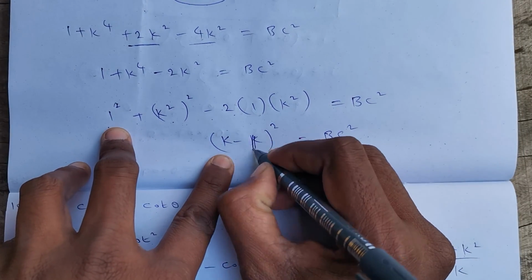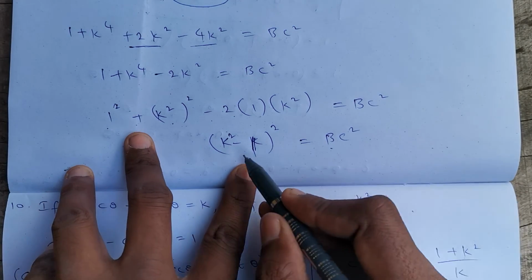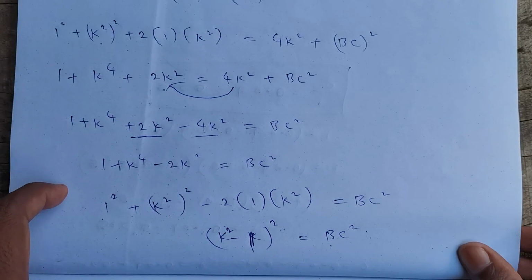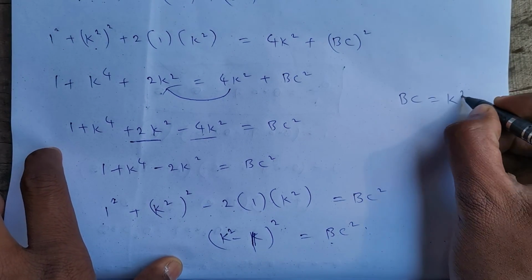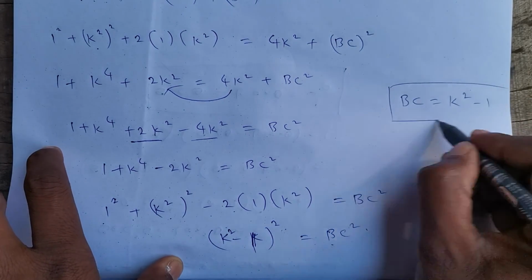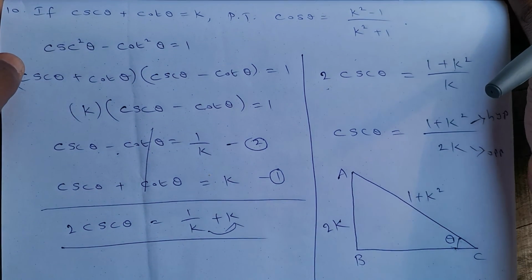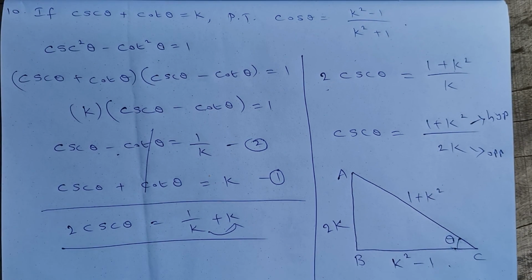Here k square is there, so k square minus 1. Now BC square is k square minus 1 whole square, so the square will go, and BC equals k square minus 1. So BC is nothing but k square minus 1.